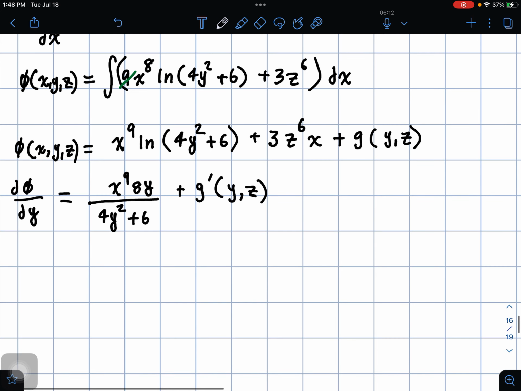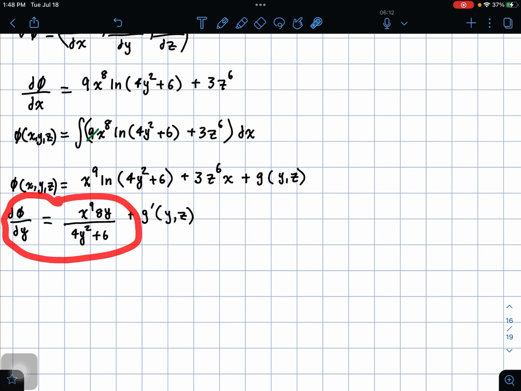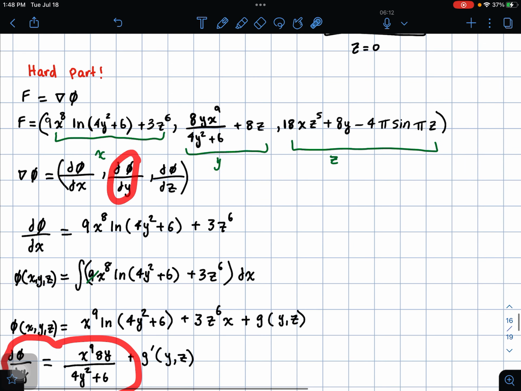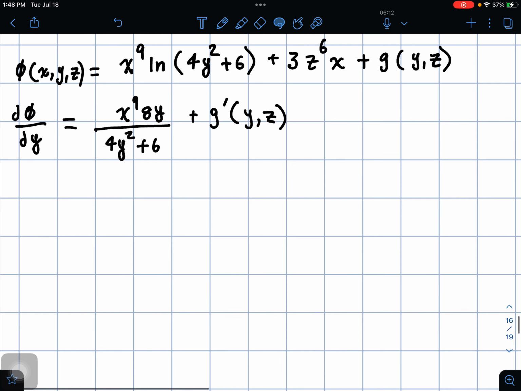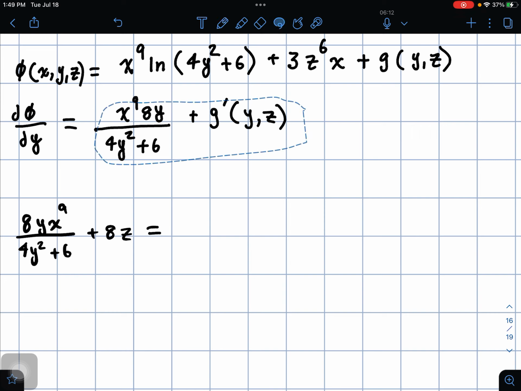Right? Okay, so like I said earlier, now what we can do, this thing is equal to this, which is equal to this, right? So we can compare them. Okay, so basically we have this. I'm very lazy, I'm sorry.